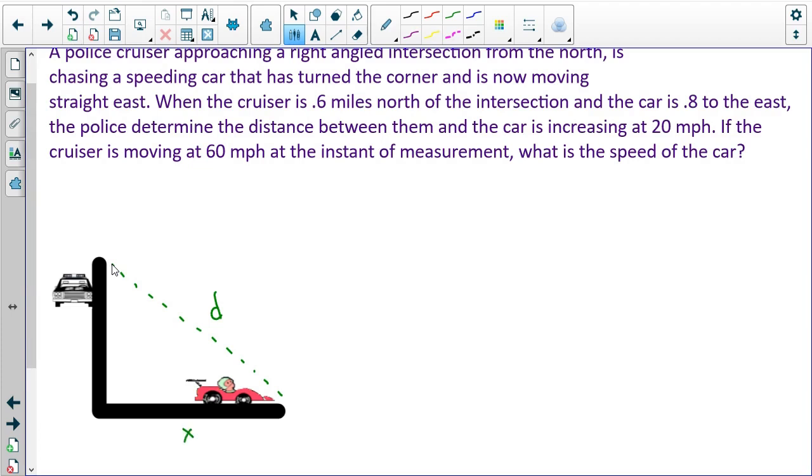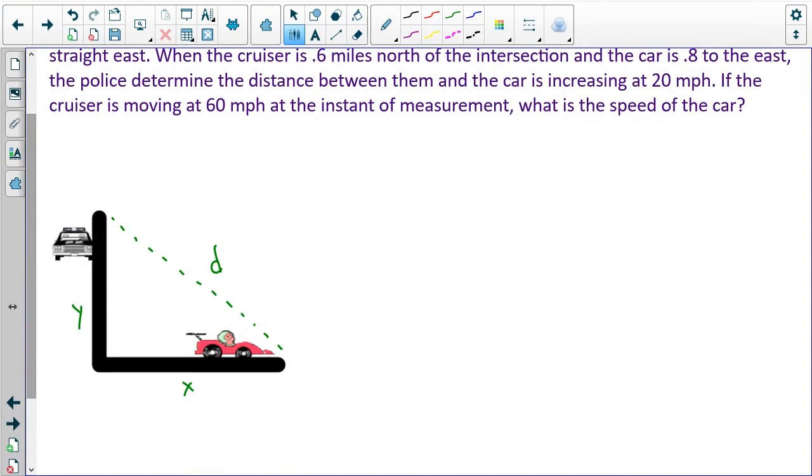So if I call this x, the distance that the car has traveled east, and y, the distance away from the intersection that the police cruiser is traveling south, the distance that the cruiser has to travel south, we have certain information.